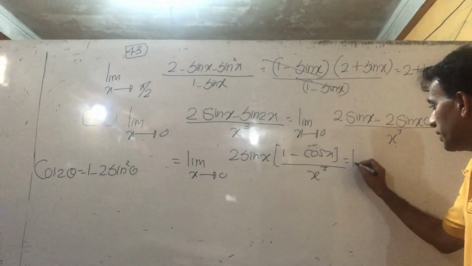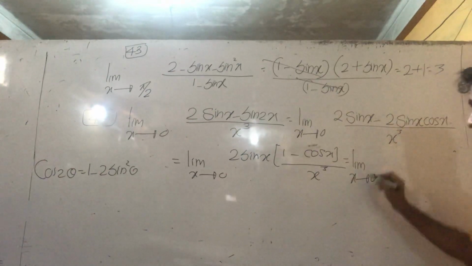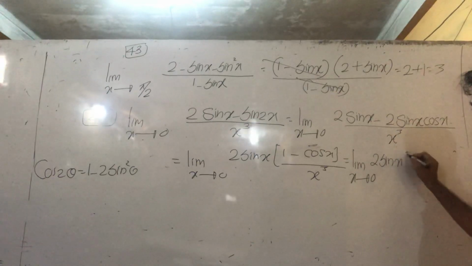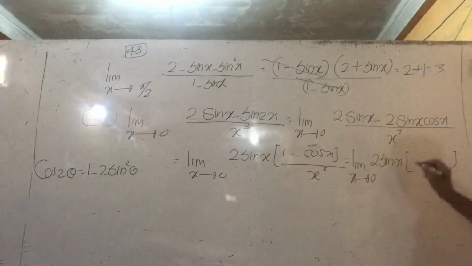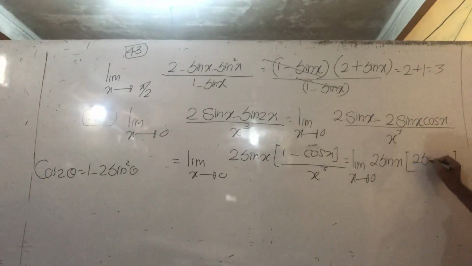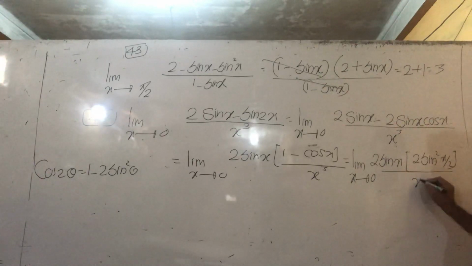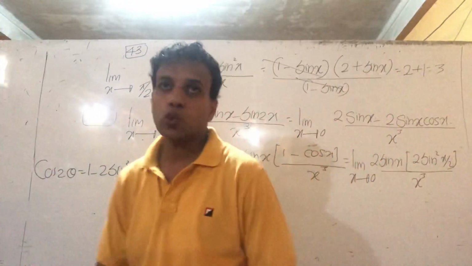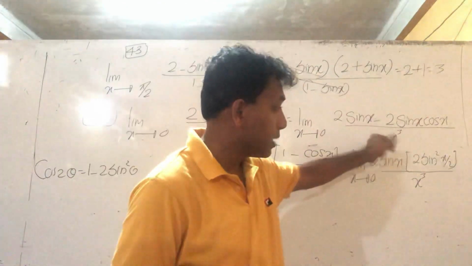So here, limit as x approaches 0, 2 sine x, and 1 minus cos x becomes 2 sine square x by 2, over x cube, right? Now rearrange into sine theta over theta form. Here sine x, then below x.